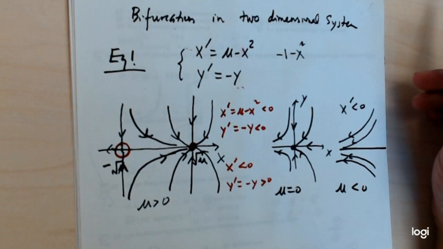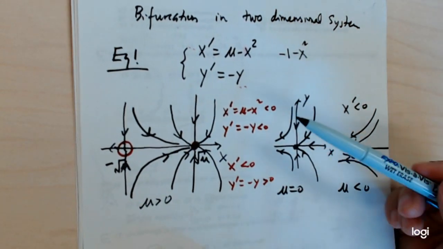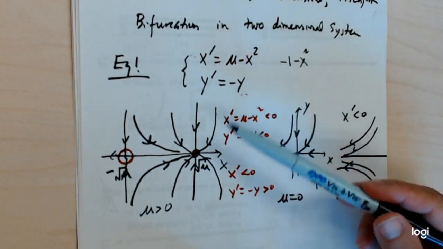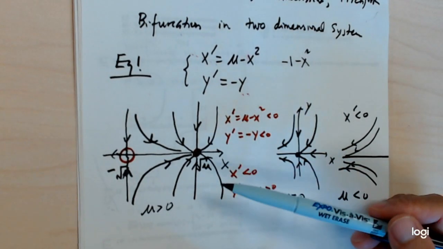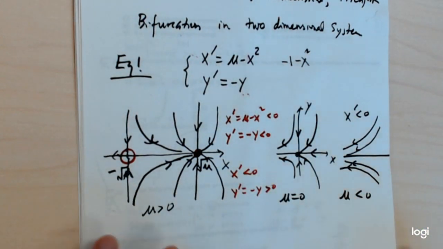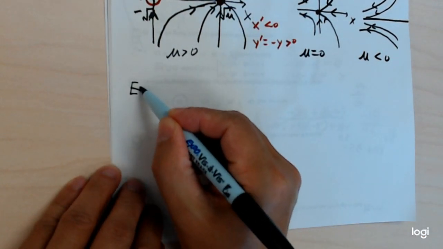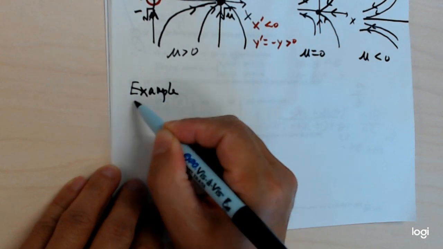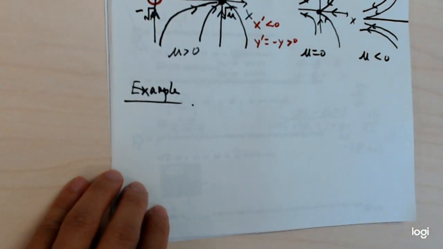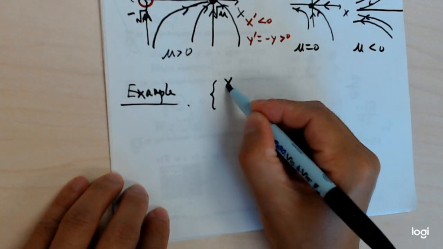Now I will use a more complicated example to show how a saddle node bifurcation can occur. This is just a very simple prototype problem. It looks very simple. It shows you how in a two-dimensional system equilibrium can also be destroyed. This simple example takes some effort to analyze, and there are some details that you may need to iron out by yourself.